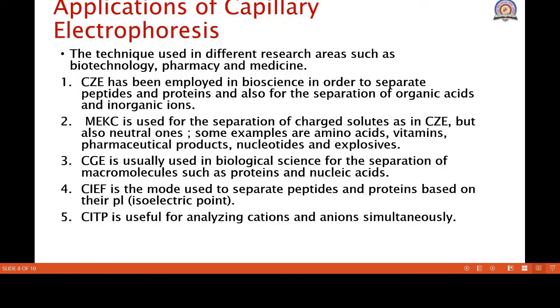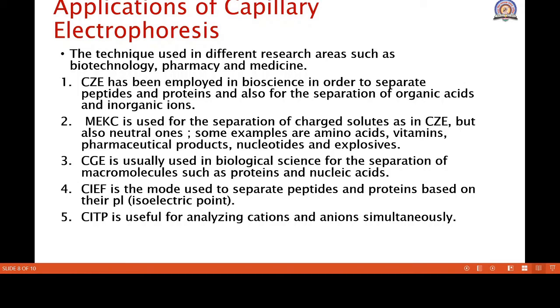So student, capillary electrophoresis is the separation technique that separates ions or charged molecules. So this is used to separate peptides and proteins and organic and inorganic ions.